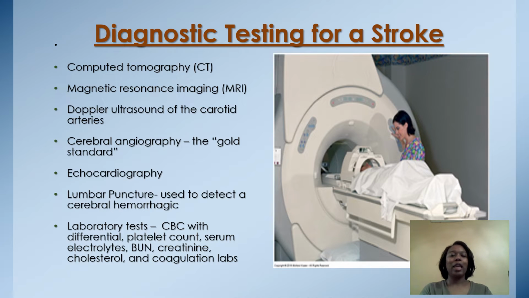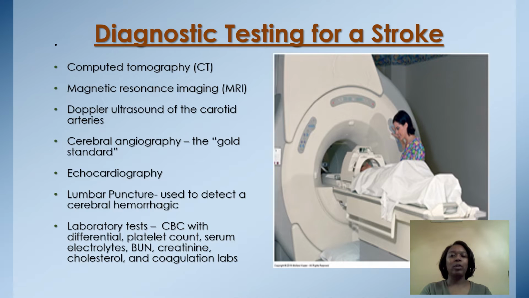A CT scan is the most common or the first test that is done for a suspected CVA, but an MRI could possibly be used as well to detect whether the CVA is ischemic or hemorrhagic in nature.